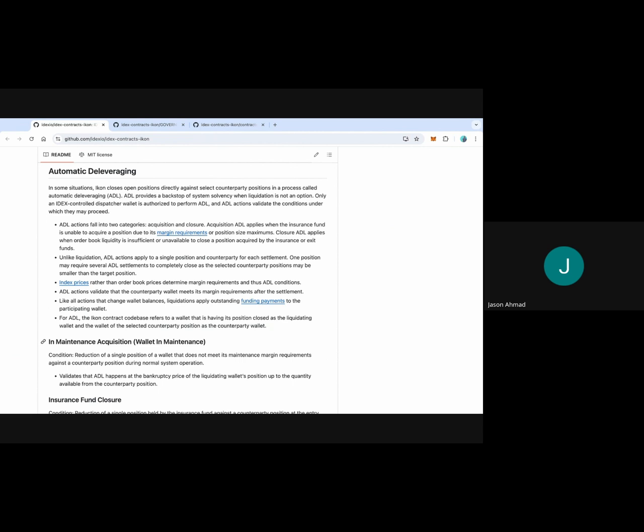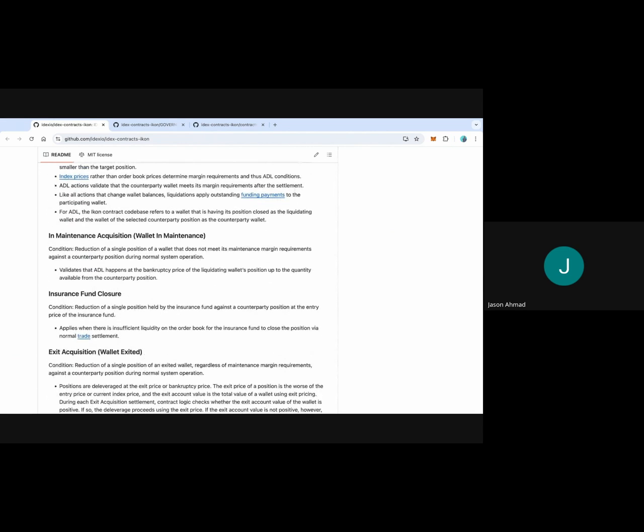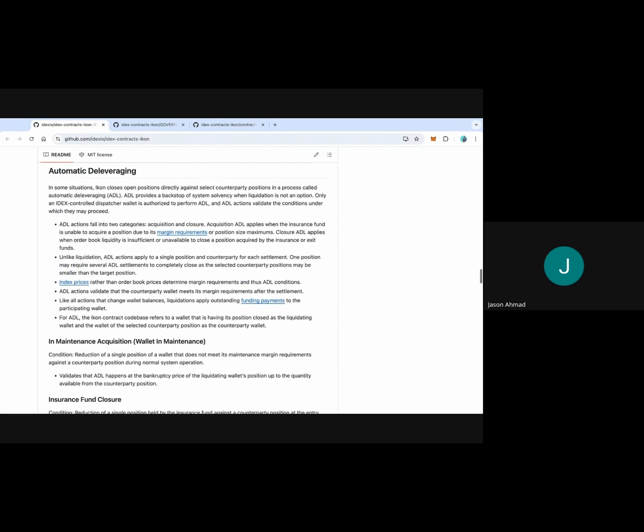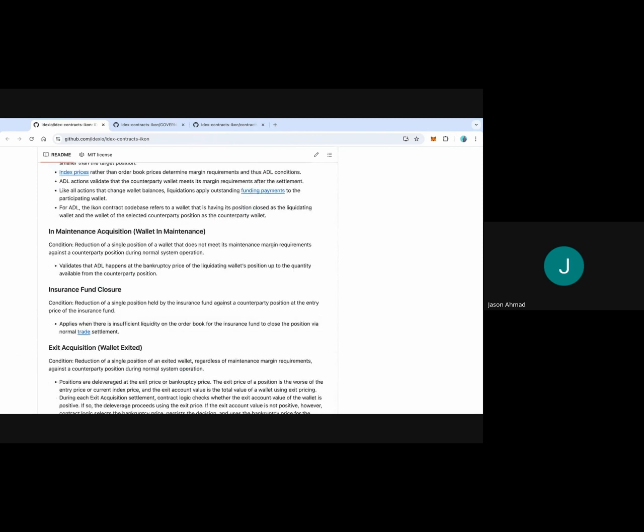So this is a protection mechanism for the protocol that ensures that if a position or wallet needs to be closed, it can be under certain specific conditions. So again, similar structure to the way that liquidations work.